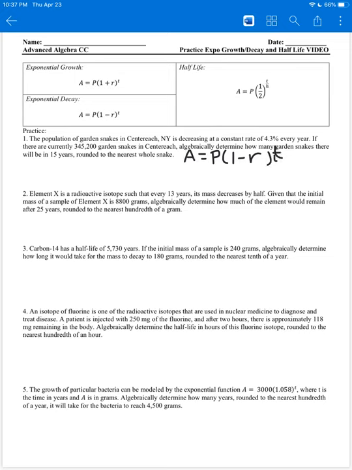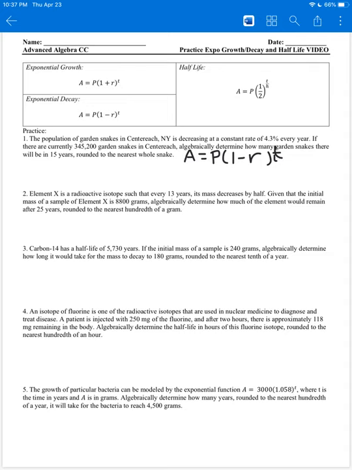If there are currently 345,200 garden snakes in Center Reach, algebraically determine how many garden snakes there will be in 15 years rounded to the nearest whole snake. So if we just go over this quickly, A is a future amount, P is the current amount or initial amount, R is the rate, and T is the time.